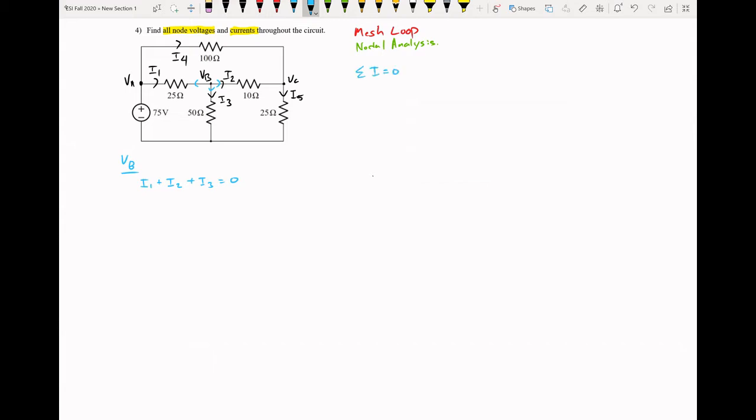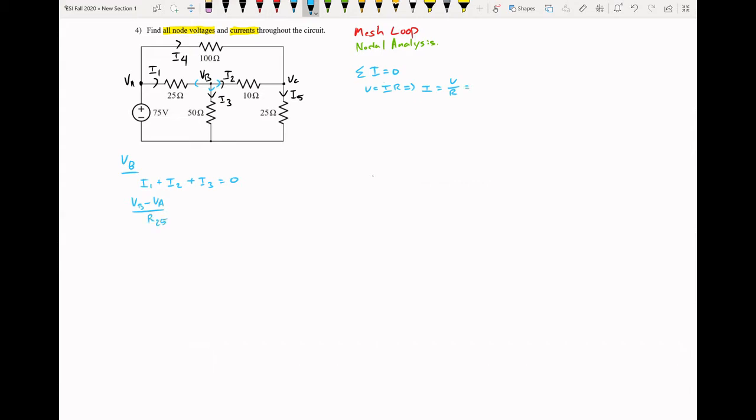But if we go and write out these equations using V is equal to IR, and we rearrange to say I is equal to V over R, then we can say V of B minus V of A over resistance 25.